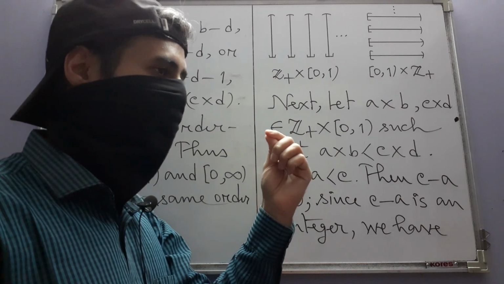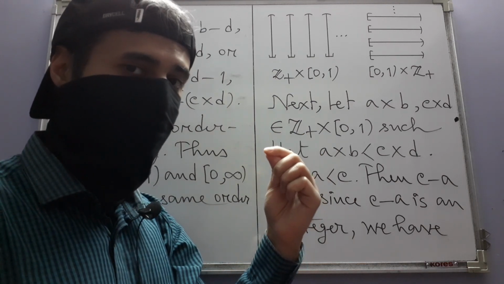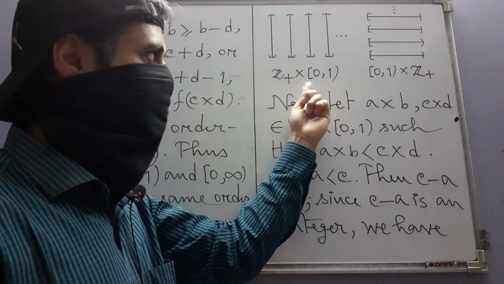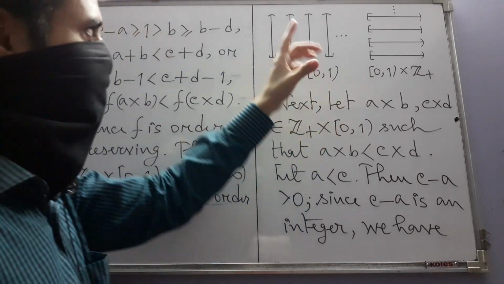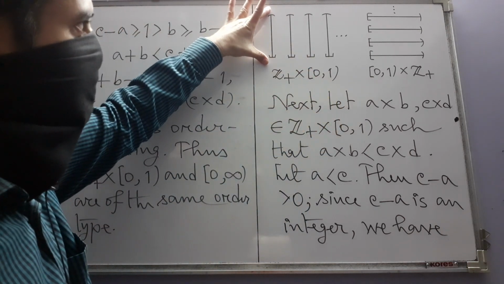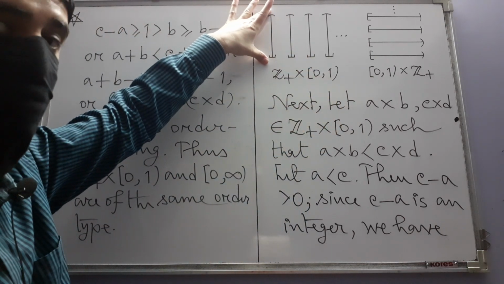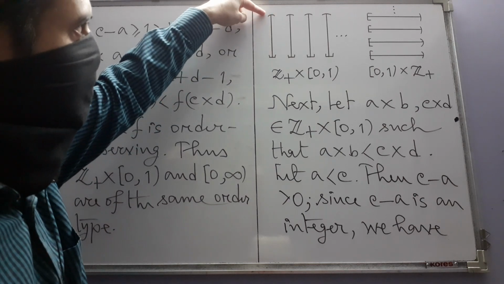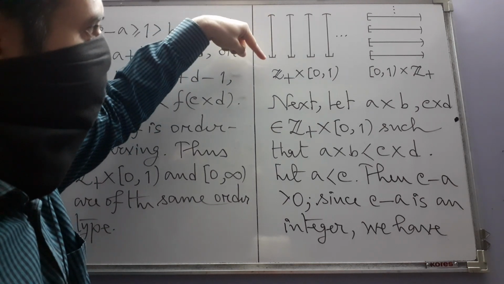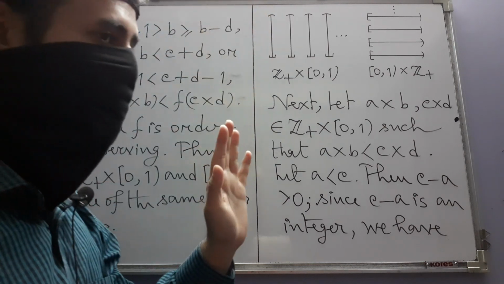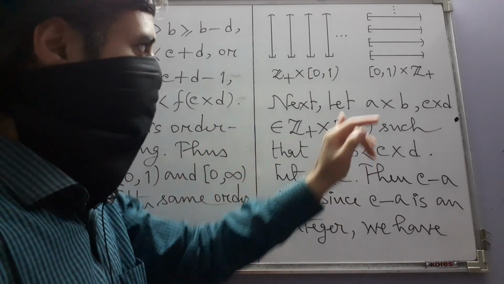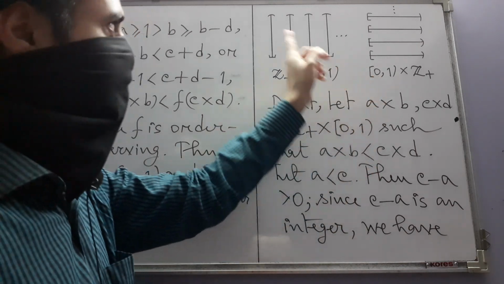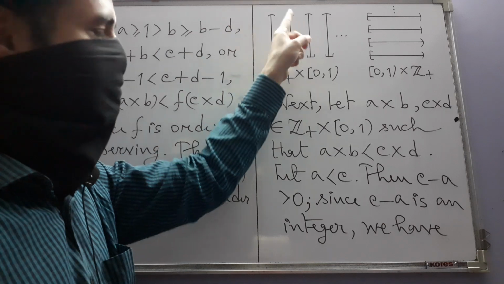All the points having the first coordinate 1 and the second coordinate lying in this half open interval will constitute this line segment, where this is the point (1, 1), which is not there in the set because this side is open. That is why we keep that side open.